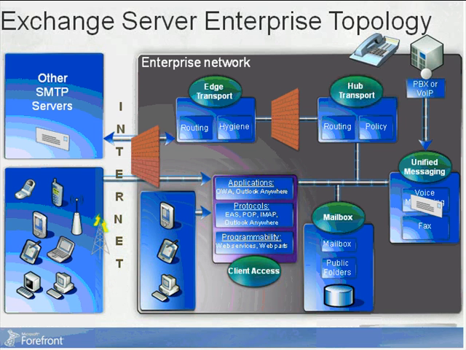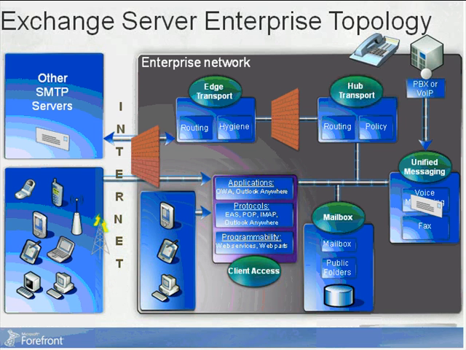Once the message is deemed safe, the edge passes it along to a hub transport server. Next, the message moves through the connectors to the hub transport. Communication between the edge and the hub and other server roles is secure and encrypted by default, another Exchange 2007 benefit.